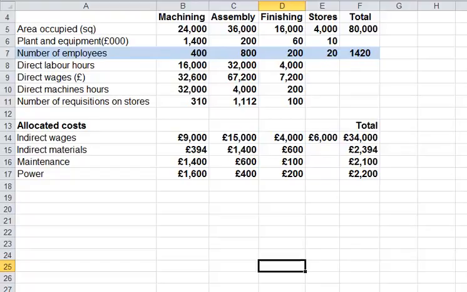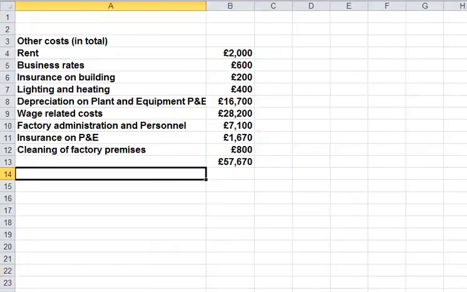Now, there's also plant and equipment and number of employees in the different departments, direct labour, indirect wages, maintenance, and so on. So different departments have different commitments to these various costs. And what we need to do is to figure out how to apportion fixed costs to these various departments.